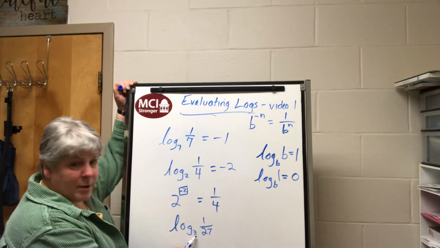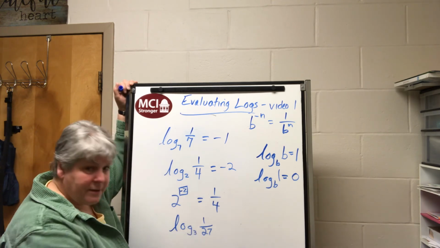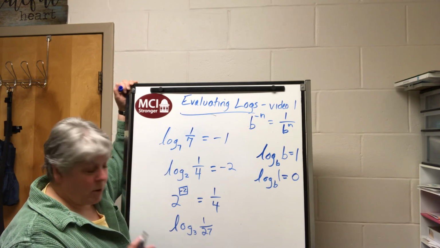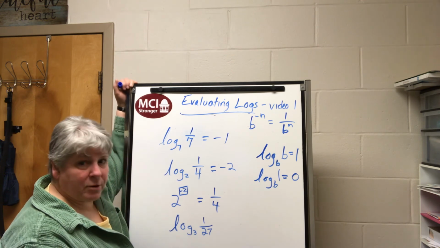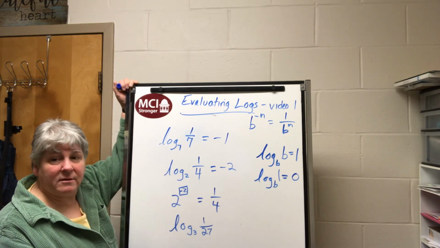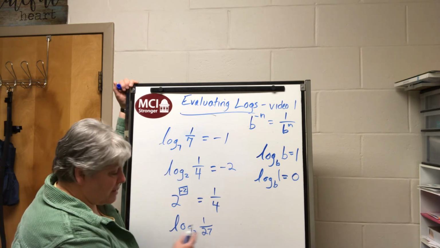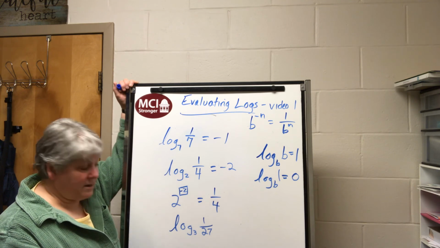What power would I raise 3 to have the 3 crawl underneath the 1 and grow to be a 27, power-wise? Well, what power do we raise 3 to have it become a 27? 3 to the 3rd. And then what brings it underneath is if that exponent is negative.